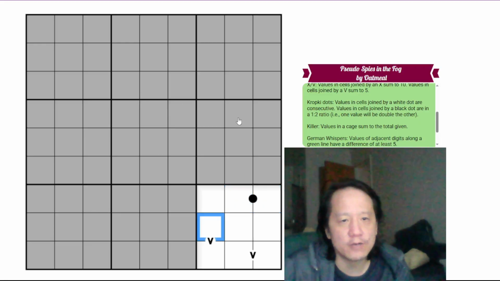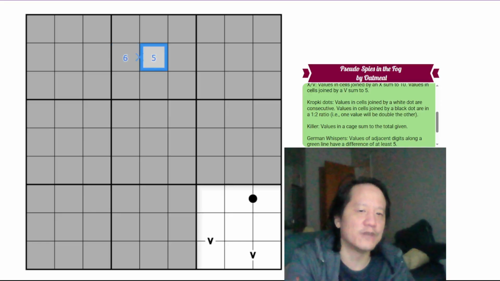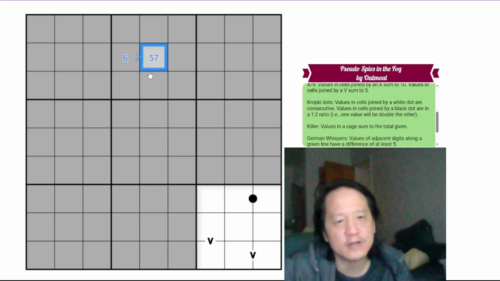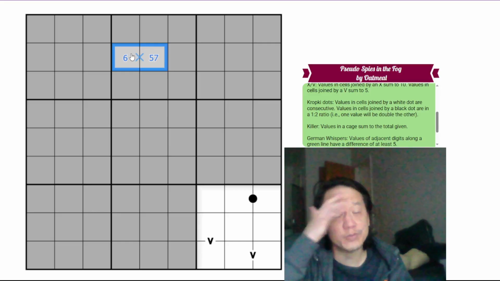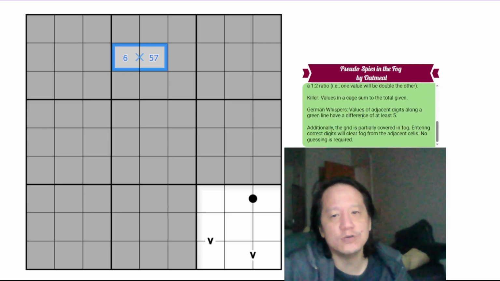Say we had a white dot, we're going to mark it as a blue X here. Then if this had a value of 6, this would have to have a value of 5 or 7. And again, I always say values here because we have these pseudo digits, which have a value equal to their row number plus their column number.